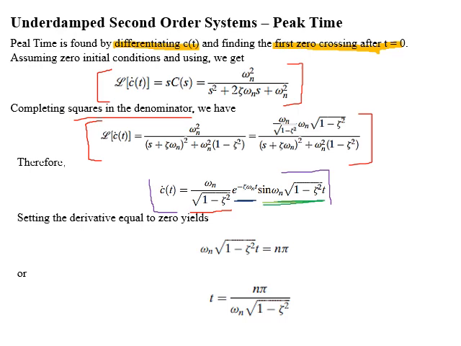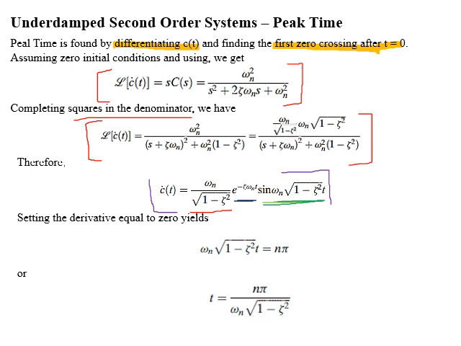Now to find maxima or minima, we will take derivative equals 0. If you look at the equation, among these three terms, omega n divided by square root of 1 minus zeta square consists of constants, so it can't be 0. Exponential power minus zeta omega n t will be 0 at time equals infinity.